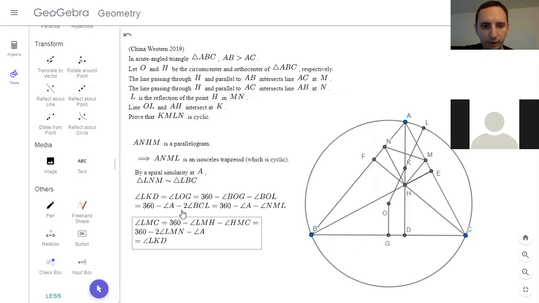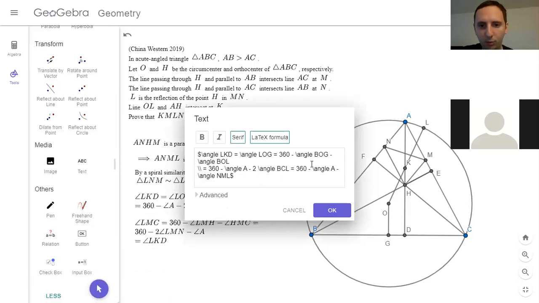Let's see. Where did I lose the 2? Oh, this should be 2.